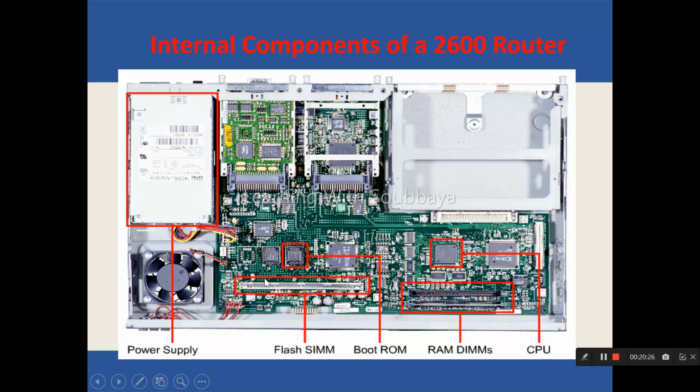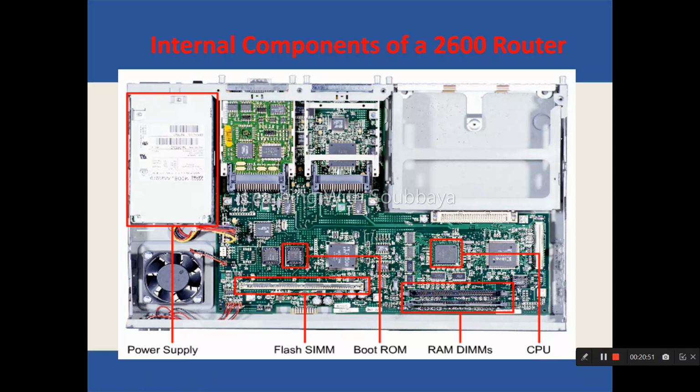ROM. Then this slot is for adding the RAM. Then CPU, the processor: this is the location where the processor is available. So these are the components available inside the router, called internal components.